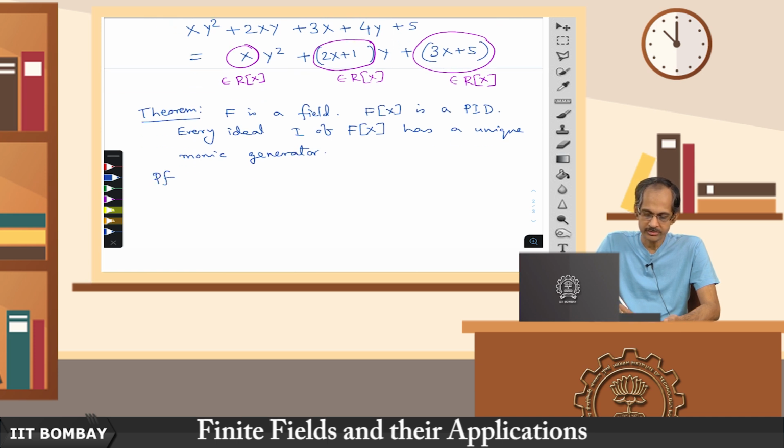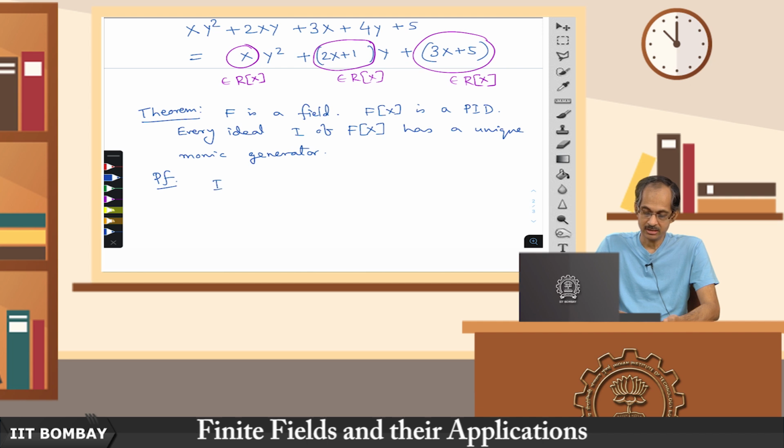So, the proof of this is along the same lines as we have discussed before, for example, the fact that the integer ring Z is a PID and so on. So, we can choose the generator for any ideal.